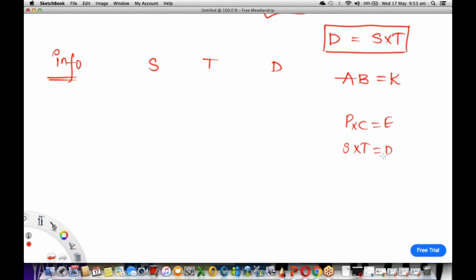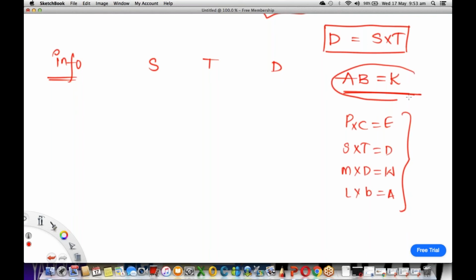In the chapter of time and work, number of men into number of days will be equal to total work. And in geometry, length into breadth will be equal to area. So all of arithmetic deals with the basic operation of multiplication, and the entire arithmetic revolves around AB is equal to K.